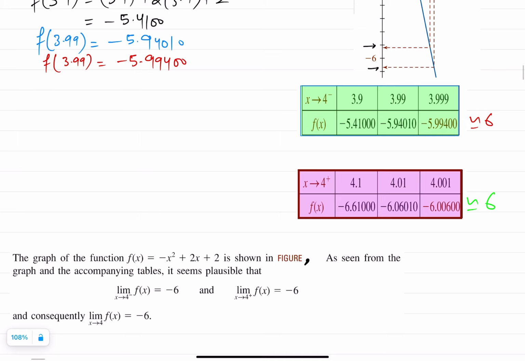As seen from the graph and the table, it's plausible that the left hand side limit is equal to -6 and the right hand side limit is equal to -6. So we can say that as x approaches 4, the function gives an output equal to -6, or the limit of this function at x equal to 4 is -6.